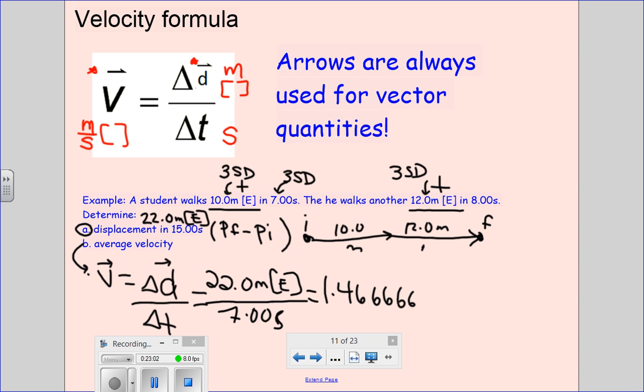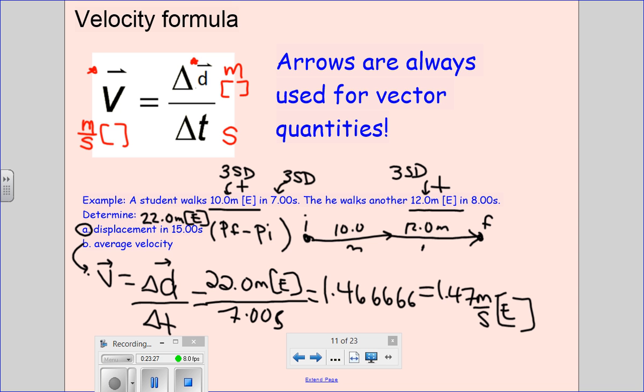So I'll round this to 1.47. Now my unit, since I was dividing meters by seconds, should be in meters per second. And I have to put a direction, so I put E in brackets to say that I was going east.